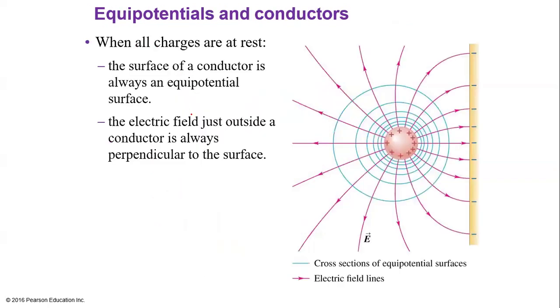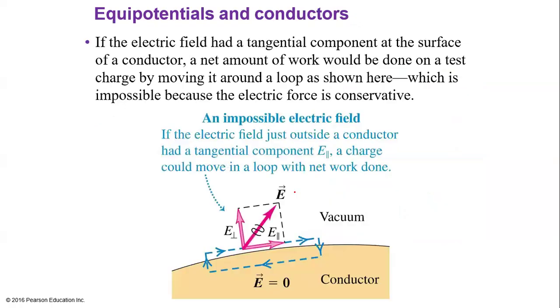Take note that for a conductor, when all charges are at rest, the surface of a conductor is always an equipotential surface. The electric field just outside the conductor is always perpendicular to the surface. You can read more about that in your book.